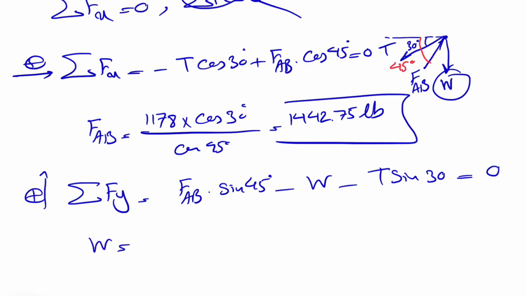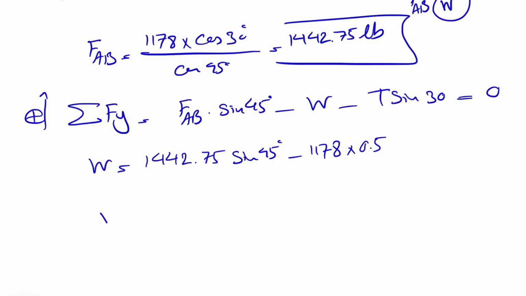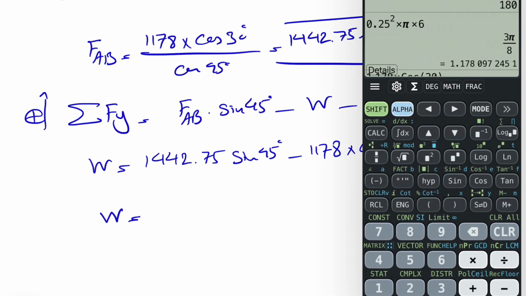And basically our W would be FAB, which is 1442.75 times sine of 45 degrees minus T, which our T was 1178 times sine of 30, we know is 0.5. And all we need to do is to calculate what we have in here.